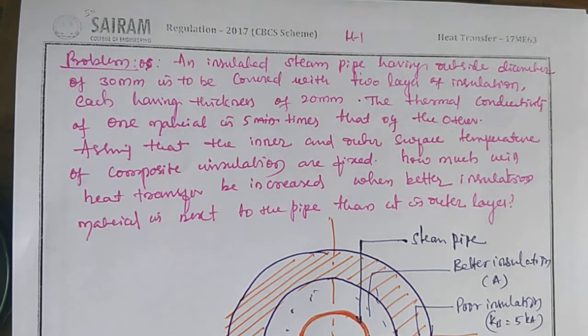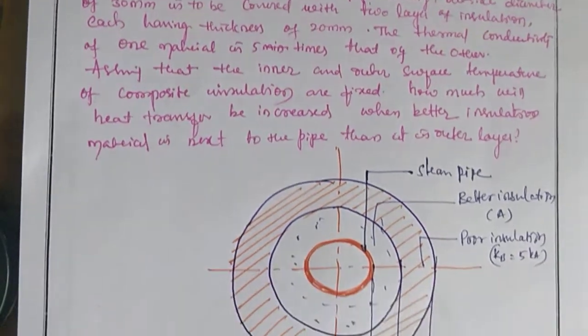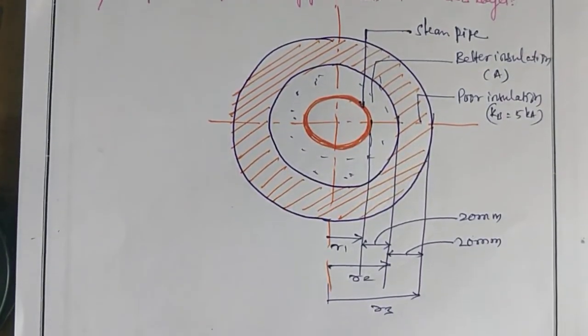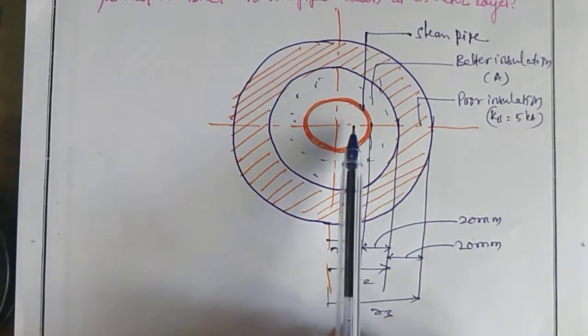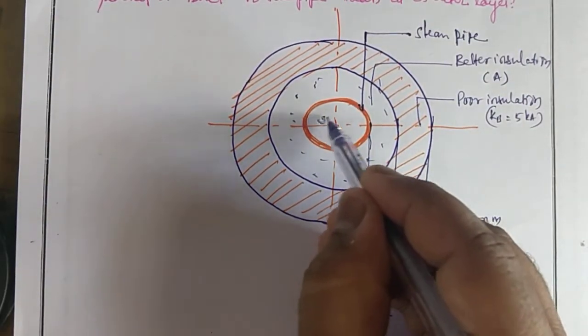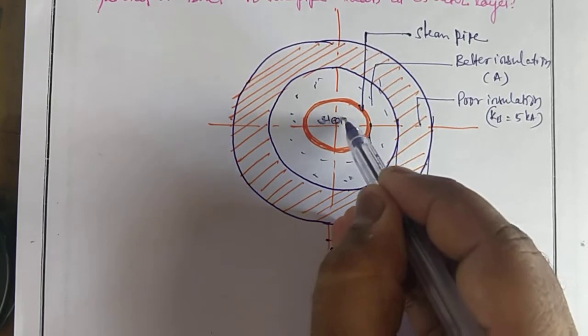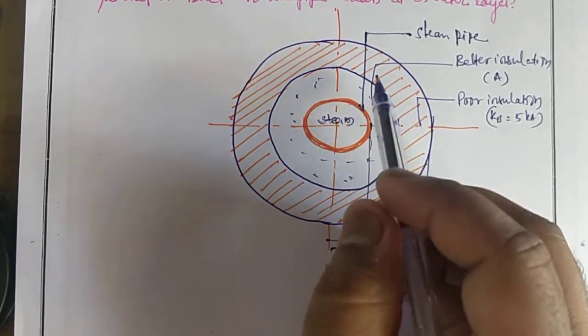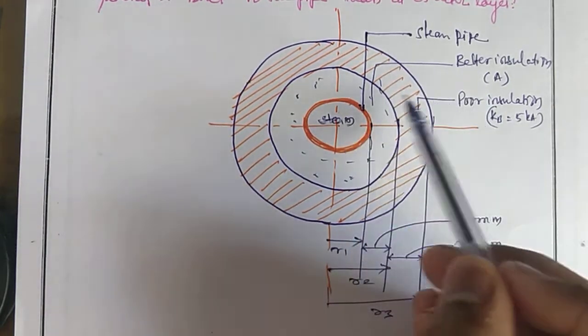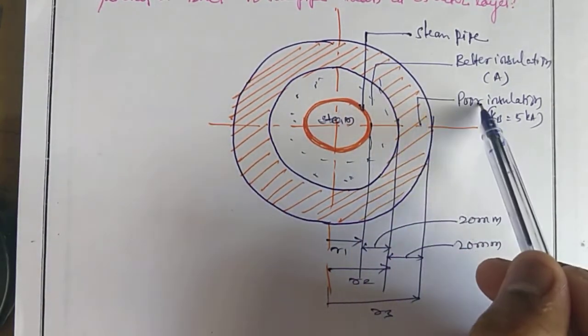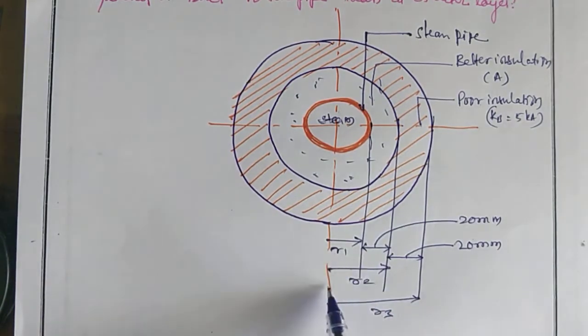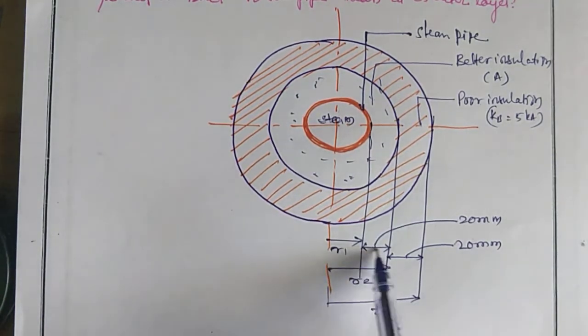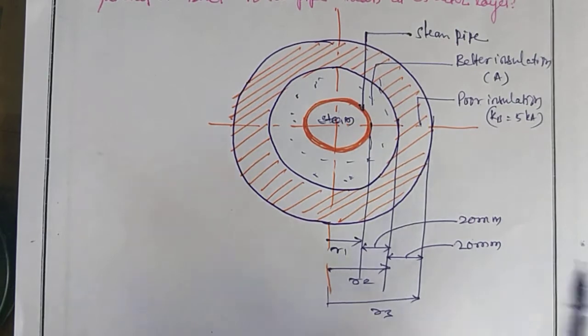First case. This is the figure: here the steam is inside, this is the steam pipe, this is the better insulation, and this is the poor insulation, and the radii R1, R2, R3 are given. Between R1 and R2 there is a thickness of 20 mm, and between R2 and R3 there is also 20 mm thickness.